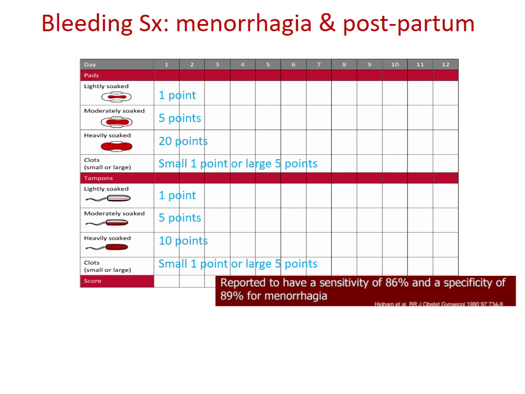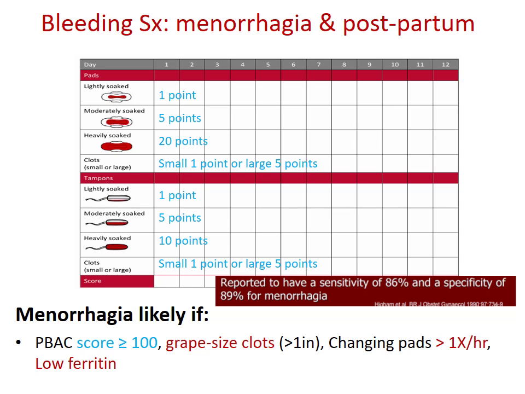So you want to have your patient record the number of pads per day or tampons per day based on how soaked they appear, and also to keep track of the number of both small and large clots. And then ultimately you'll give them a score. And menorrhagia is likely if your bleeding assessment score is greater than or equal to 100, or if they're reporting grape-sized clots, then needing to change pads or tampons more than once an hour, or a low ferritin level.